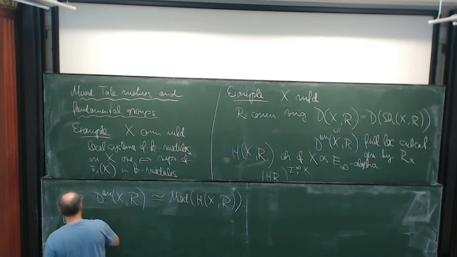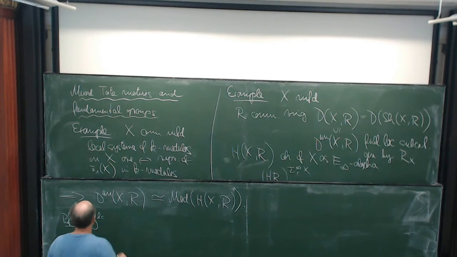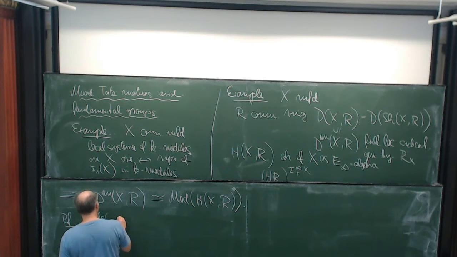So we can introduce a little bigger category: the category of locally constant objects in the sheaf category.